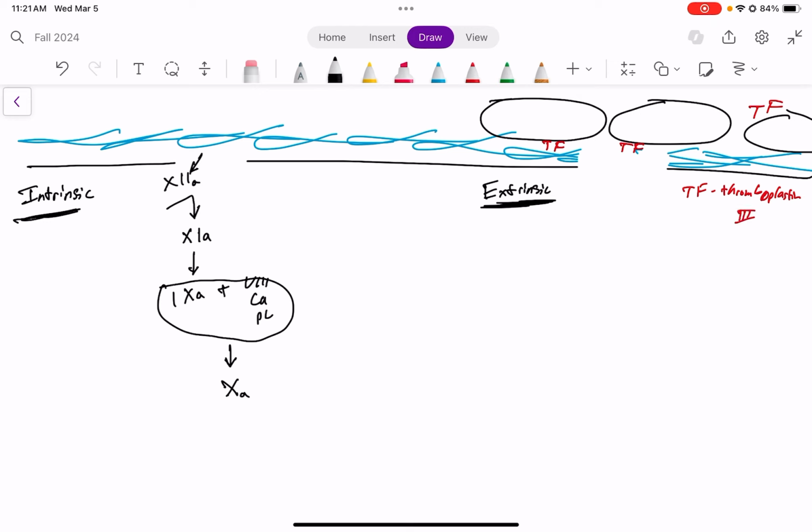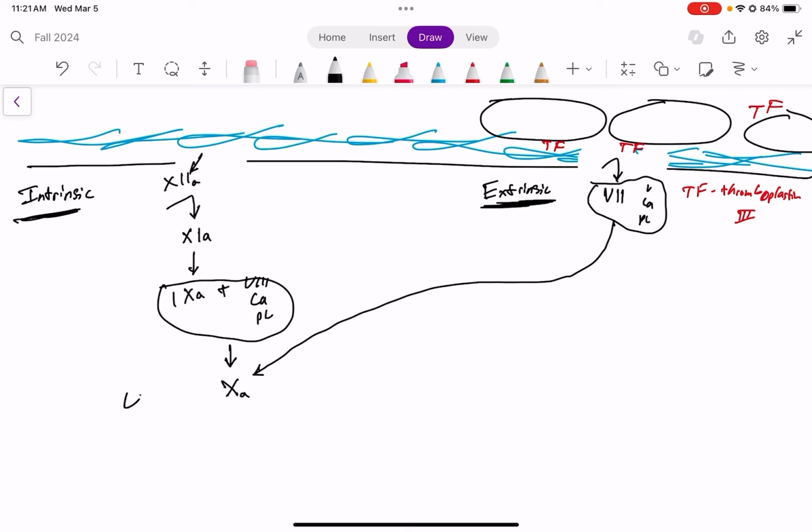And what happens is factor 3 will cause activation of factor 7. And then factor 7 will form a complex with some other things like calcium and phospholipids, and I believe factor 5. And that will then go and activate 10. Great. So that's the intrinsic and extrinsic pathway.